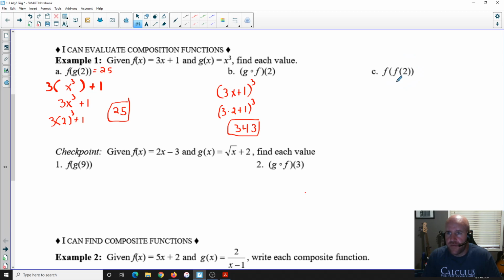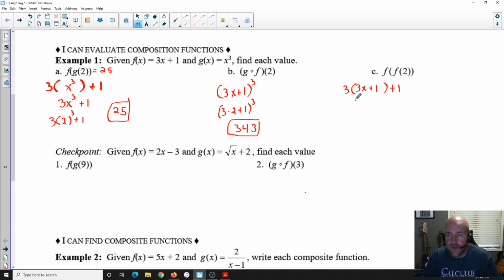So now we have f of f of 2. So now I'm putting f inside of f. So we have 3 times x, so that's where we're going to throw the f in, the whole thing, and then plus 1 on the outside, because that's still the original f.